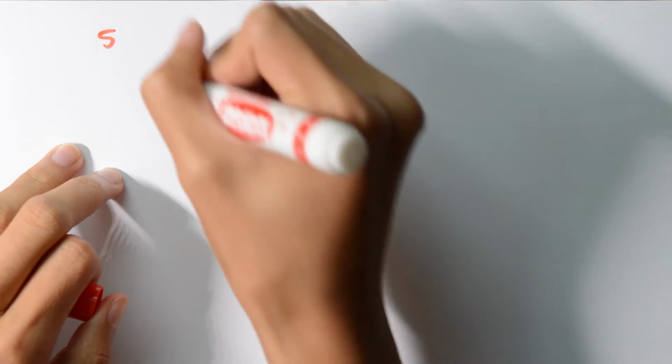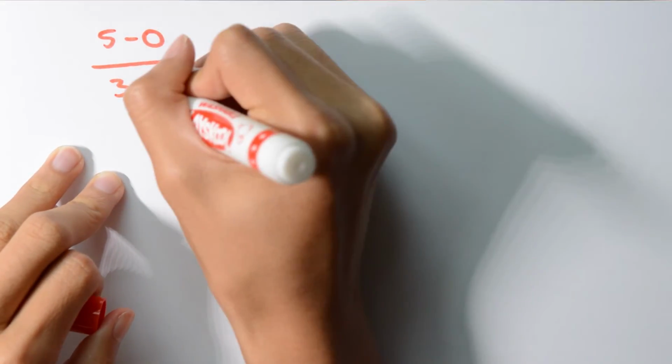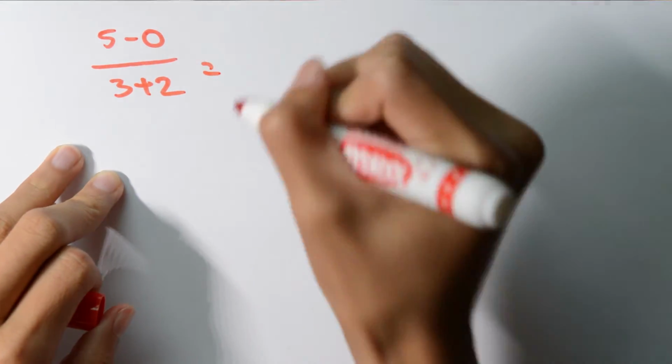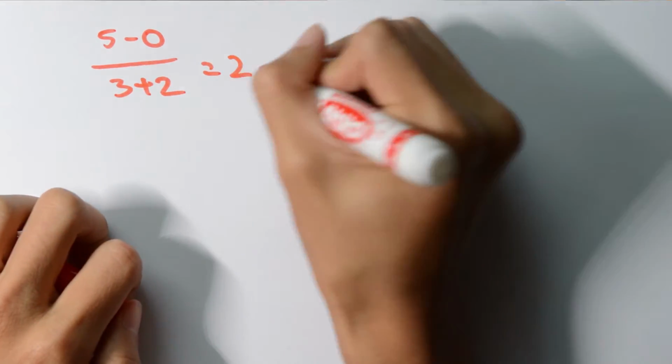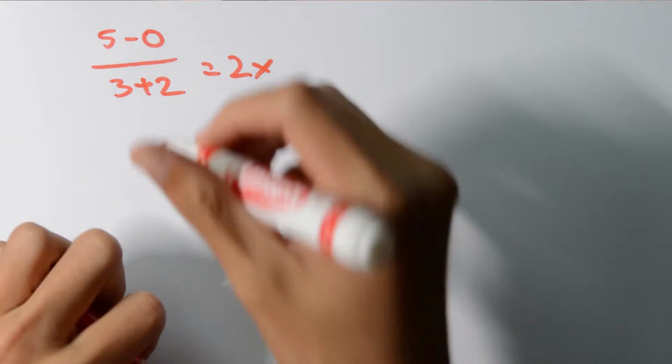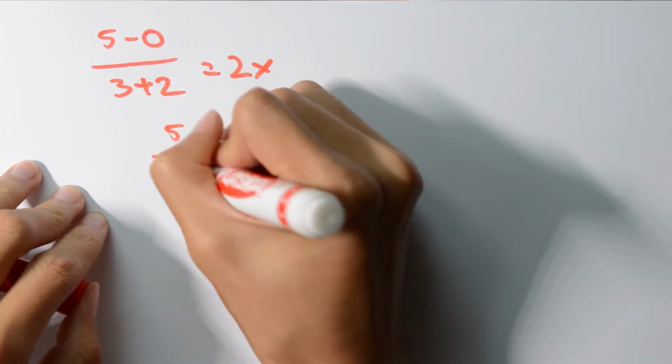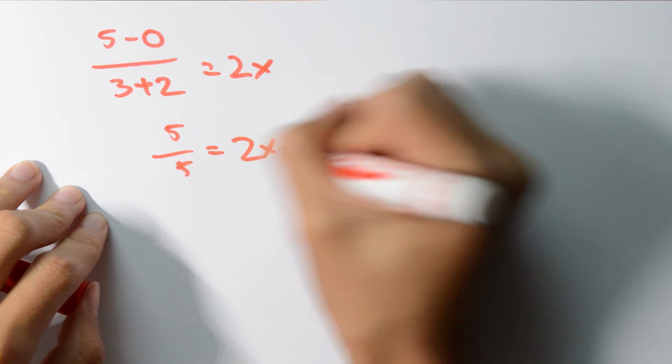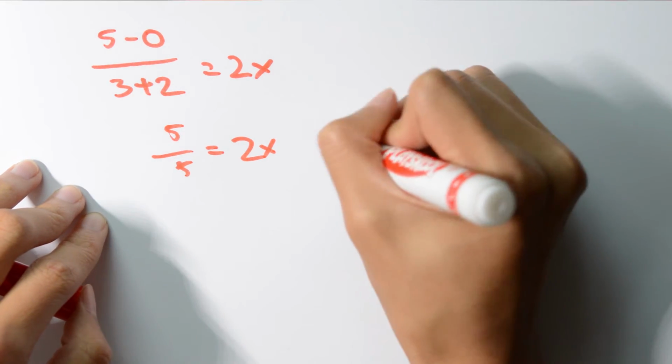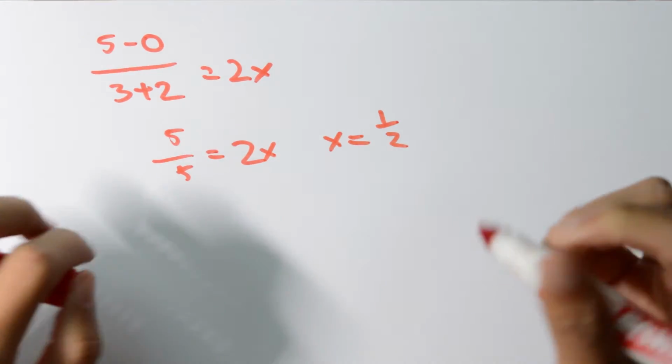So it will be 5 minus 0 over 3 plus 2 equals the derivative, which is 2x. We will have 5 over 5 equals 2x, which means that x equals 1/2.